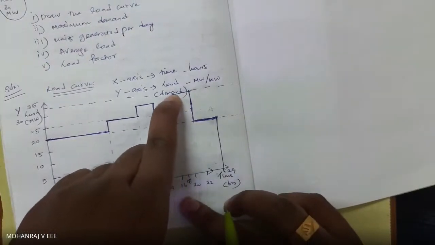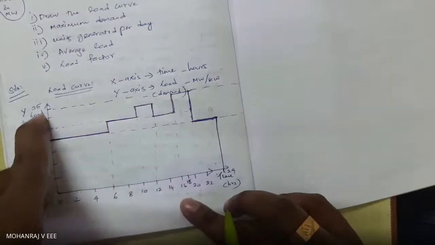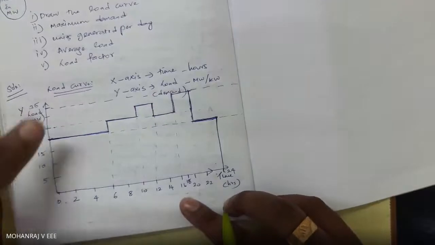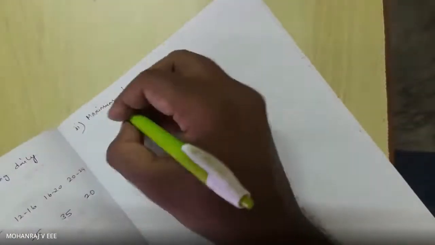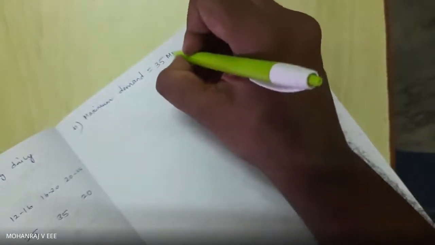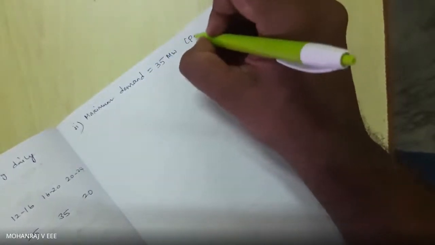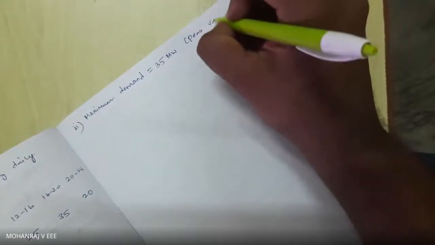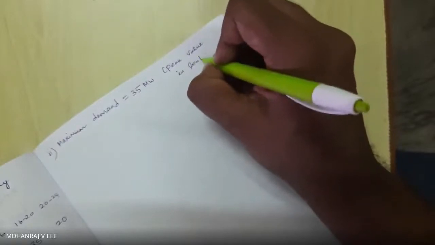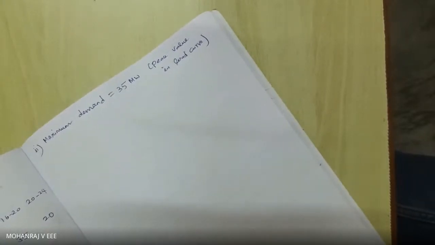So the peak value is 35 megawatt. The peak value in the load curve gives the maximum demand, which is 35 megawatt.